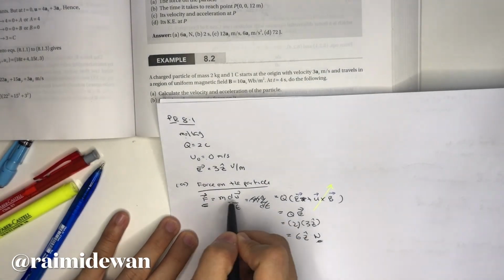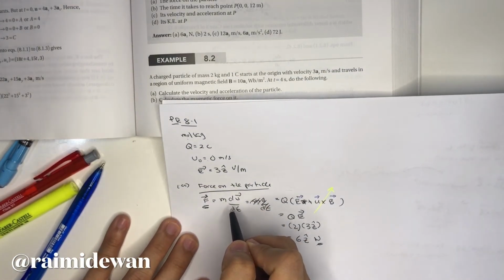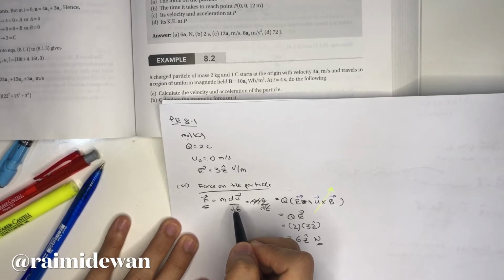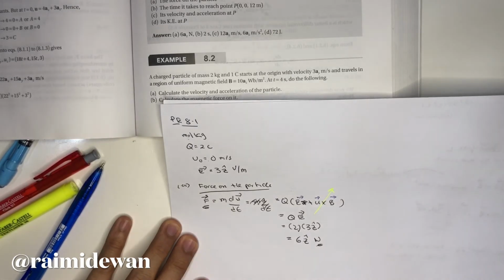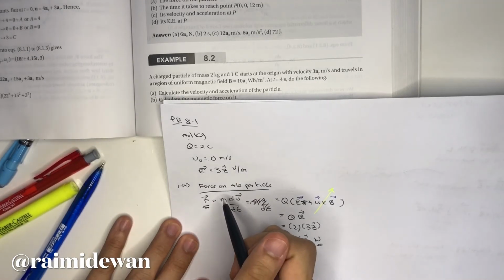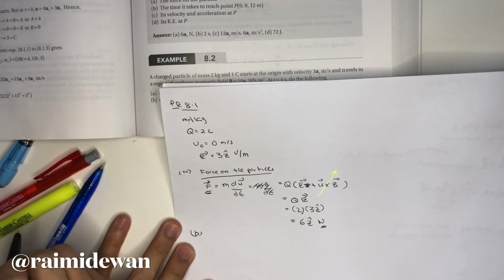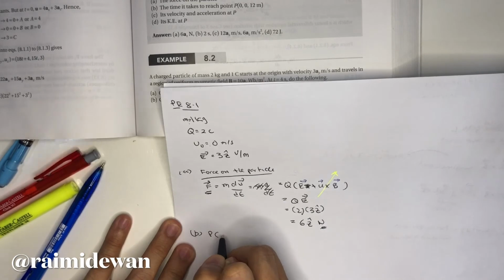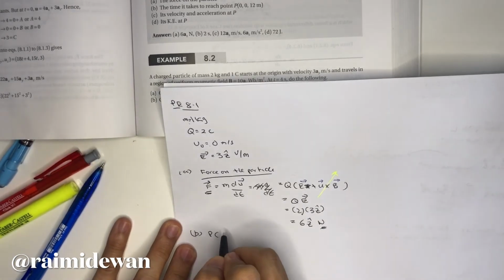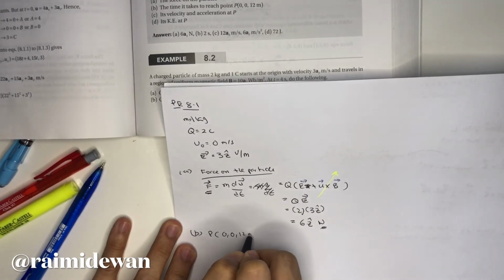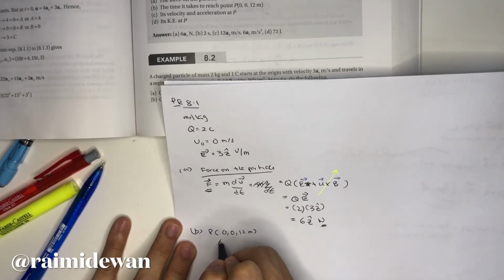So the time taken to reach point 0, 0, 12. So this one will be a bit long. B, the time it takes to reach point P at 0, 0, 12 meter.